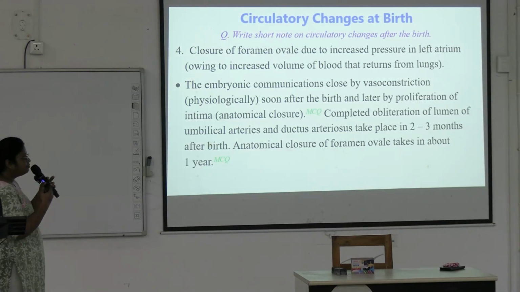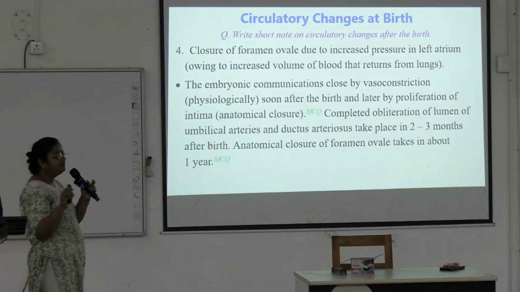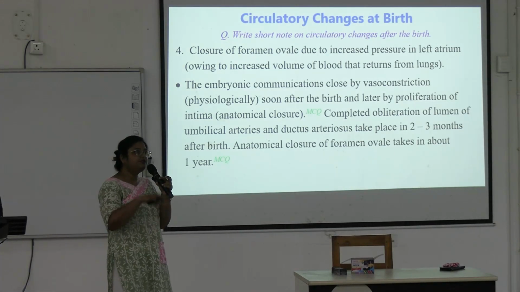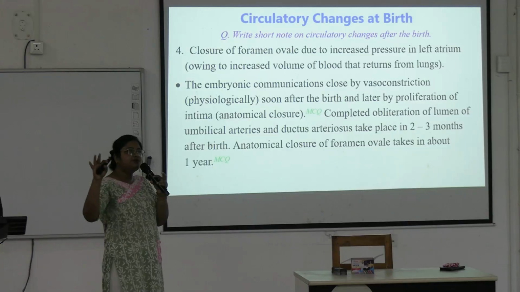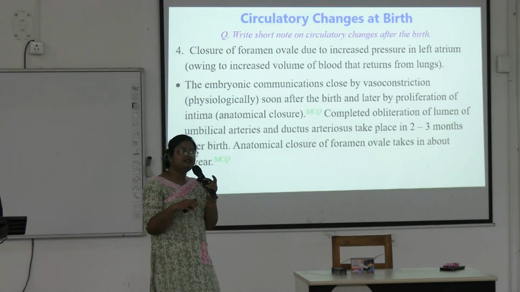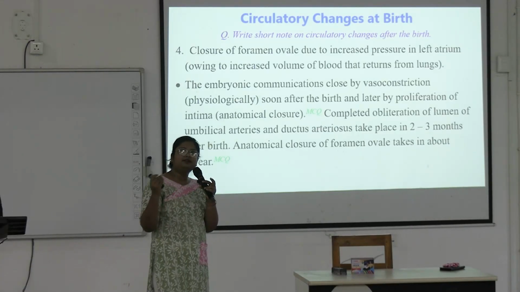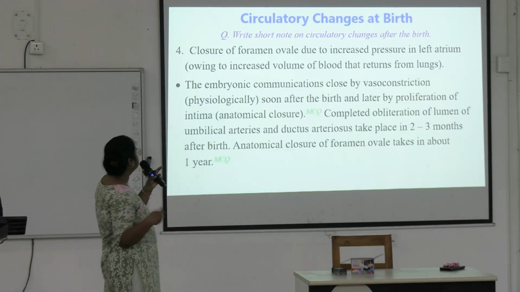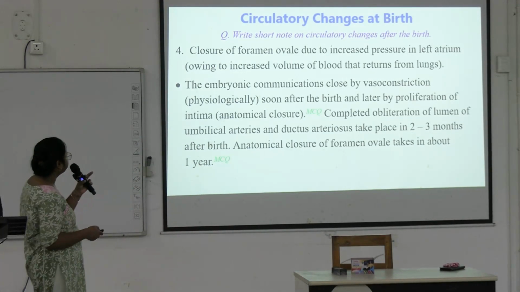Most of the blood, due to obliteration of the ductus arteriosus, goes to the lungs. So a large amount of blood will return to the left atrium, and the foramen ovale will be closed due to increased pressure in the left atrium.